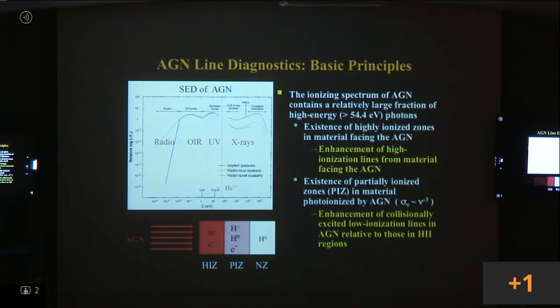But you also have enhancement of the low ionization lines because the X-rays penetrate through that column of material, deposit energy there, and increase the temperature. And so anything emitted in this partially ionized zone, like O I, sulfur II, etc., will be enhanced also. So this was the idea behind this spectral classification, to emphasize the difference between AGN and H II regions, where in AGN the low ionization lines and the high ionization lines are enhanced relative to H alpha, for instance, or H beta.